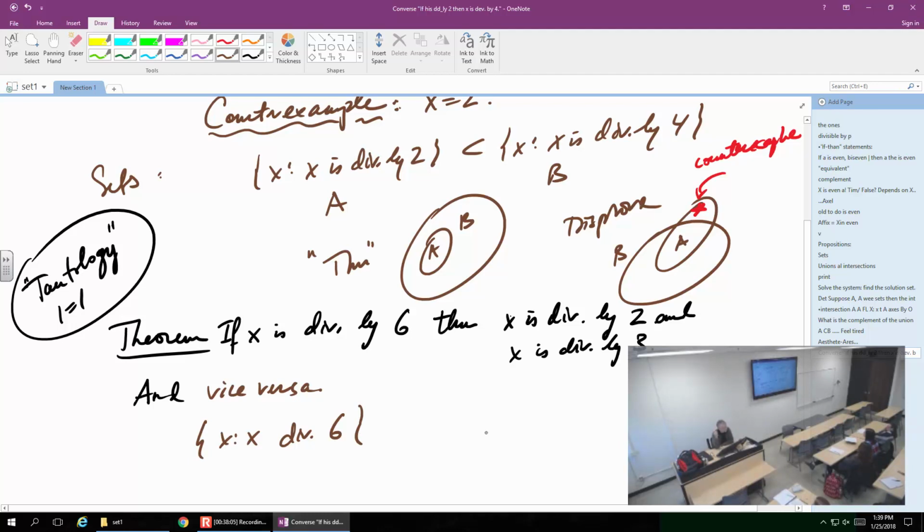On the other hand, I have two sets on the right: x divisible by 2, and x divisible by 3. What are the connections between these? 2 and 3 are the factors of 6. Now I have 3 sets, and I have my theorem stated right here. What's the relation between these 3 sets?